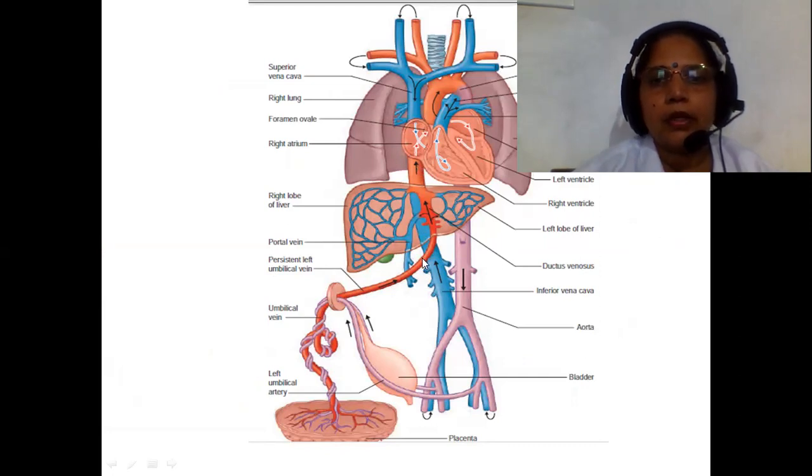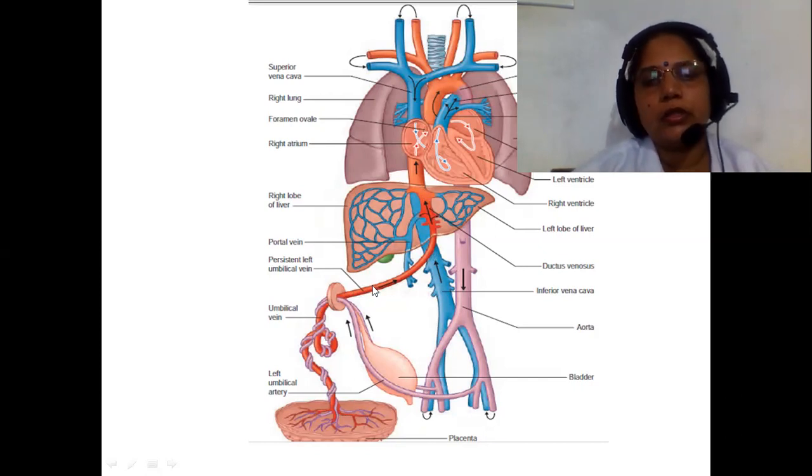This structure is called the placenta. These arteries and blood vessels are attached to the placenta, and this is the mother's and fetus structure. These blood vessels, in future, are related to the heart region.